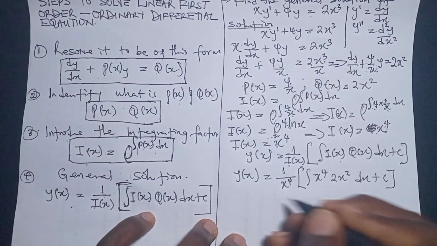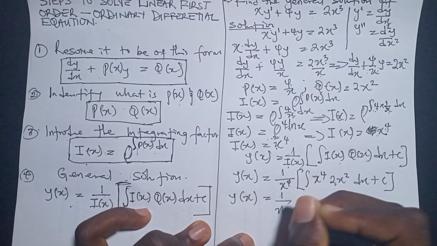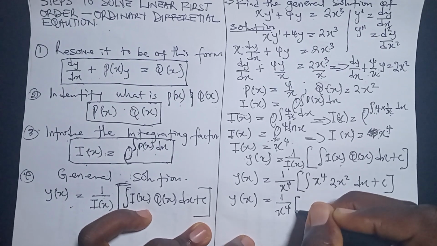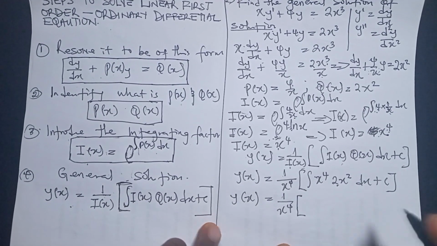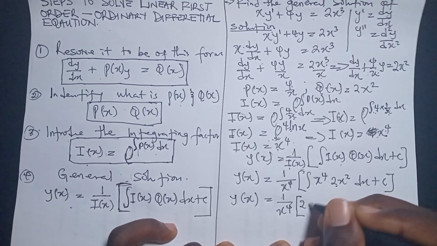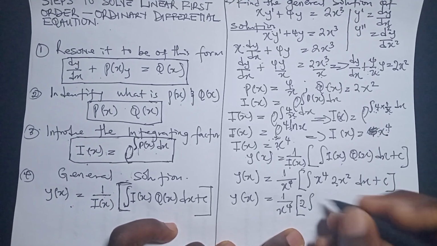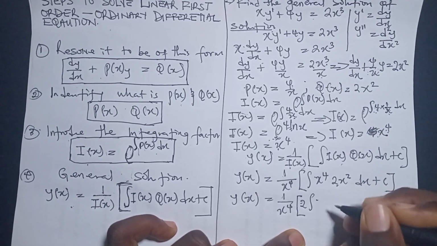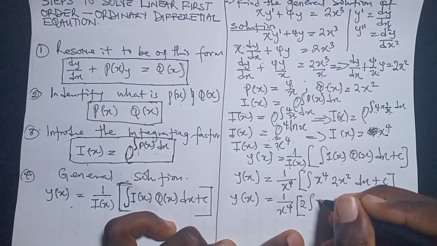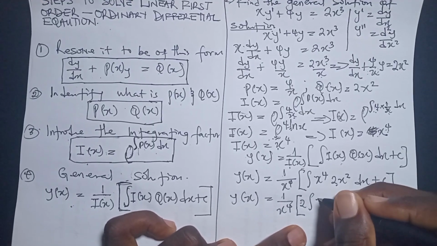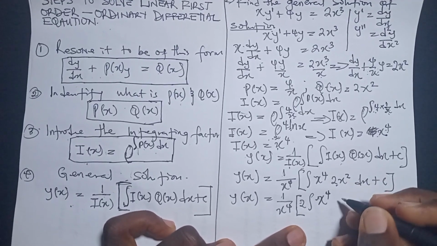So now this 2 is a constant. Y of x is equal to 1 over x4. This 2 now is a constant, so this 2 will come out, bring it out, and you have x.